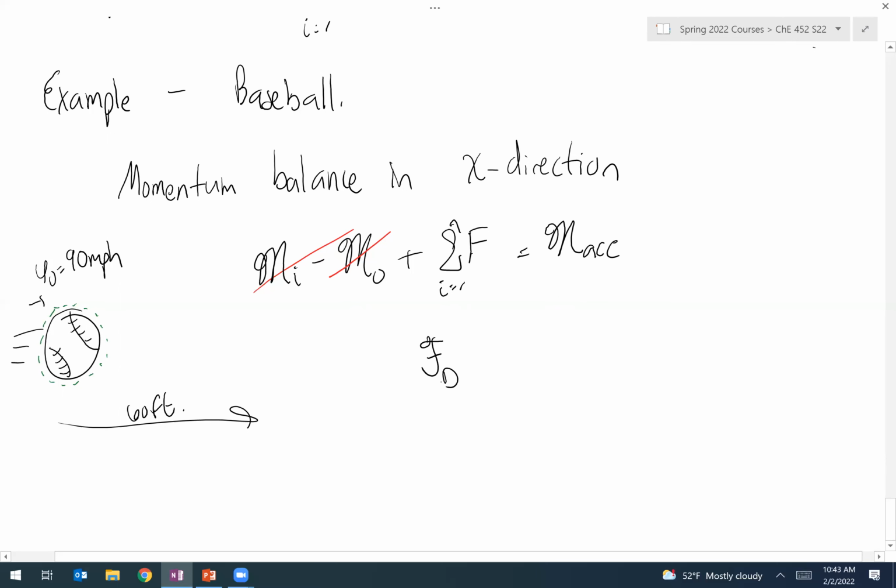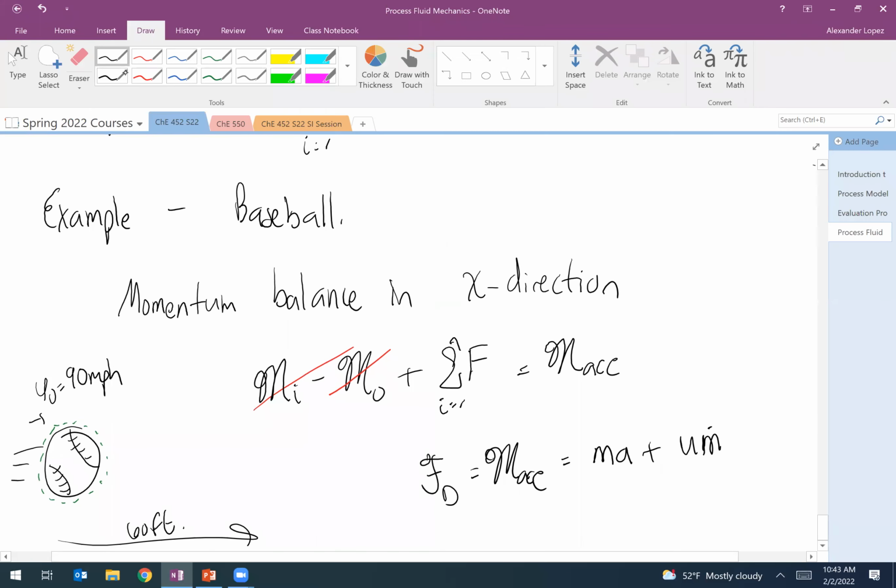The drag force is equal to the net change in momentum, which once again is either a mass of known quantity with an acceleration, or a constant velocity with a change in mass. Well, the baseball probably isn't going to change mass. I hope not.